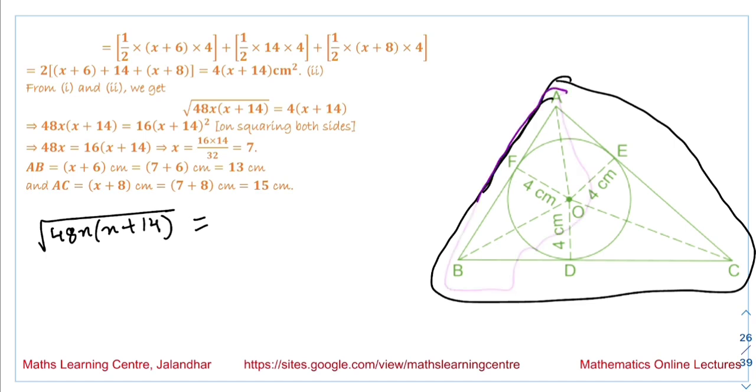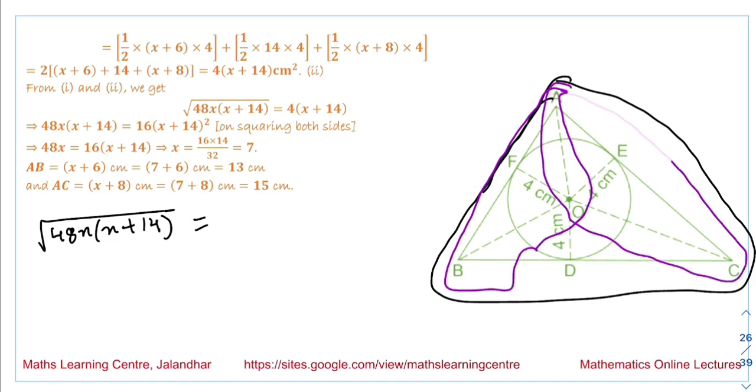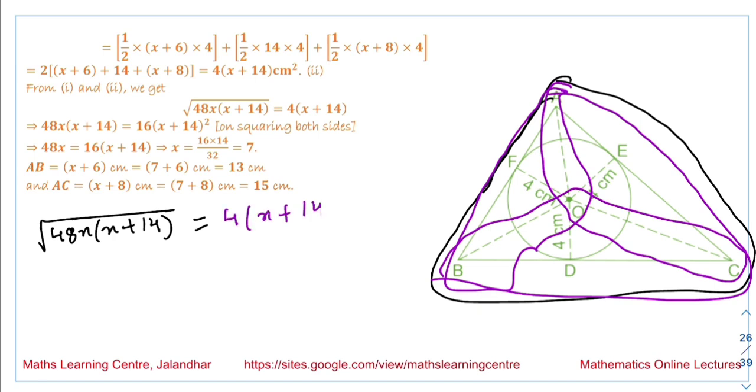One we have calculated is ABO, second AOC, and third BOC. We have calculated the area of these three triangles, and the sum of these areas is 4 into x plus 14. If we square both sides, we will get 48x into x plus 14 equal to 16 into x plus 14 square.